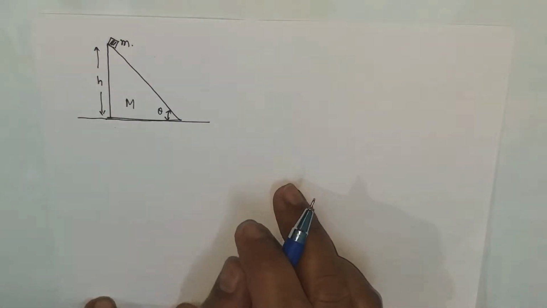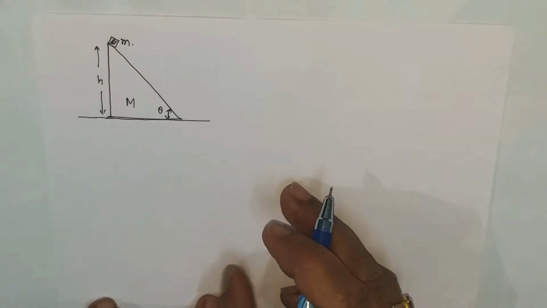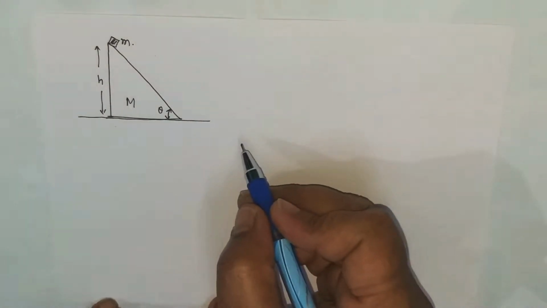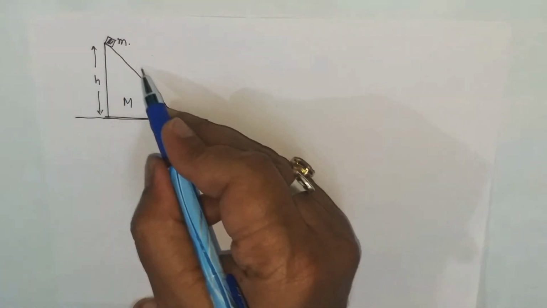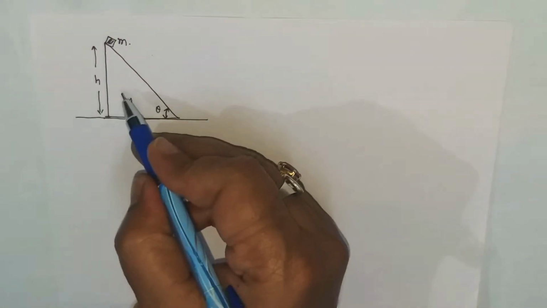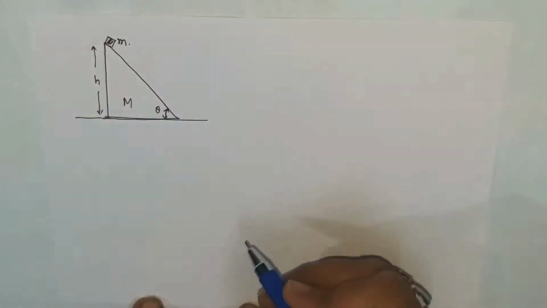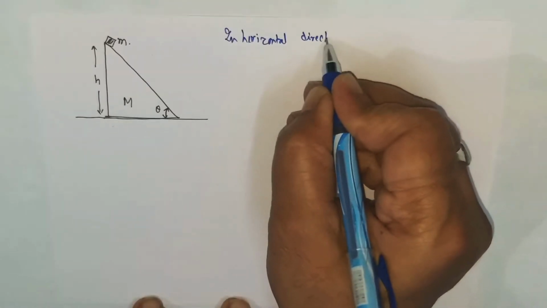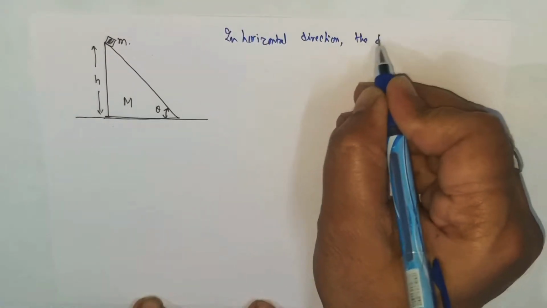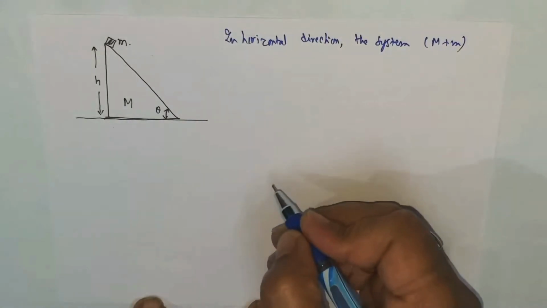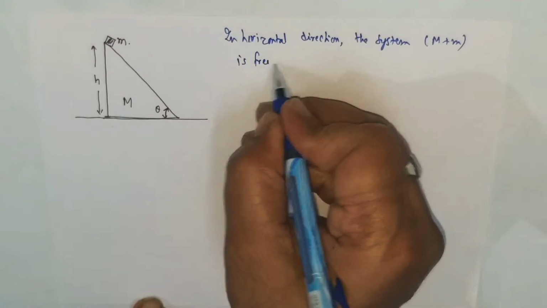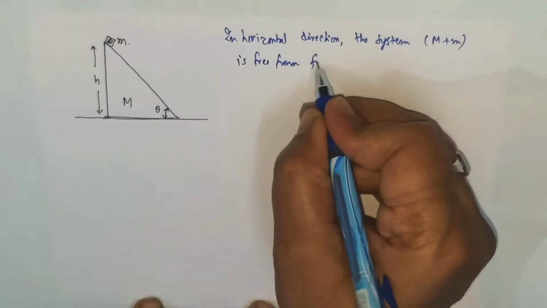Please read the question before proceeding to see the solution and explanation of this particular question. Just observe. The moment this particle reaches here, the wedge won't be here. The wedge will be moving to the left, because in the horizontal direction, the system of capital M plus small m is free from forces.